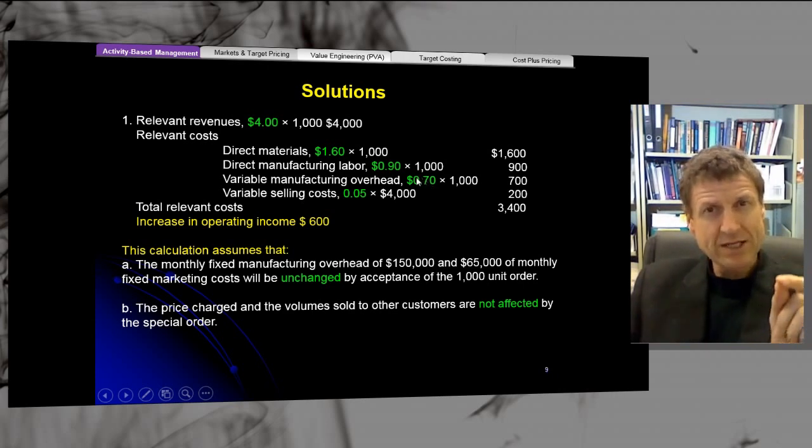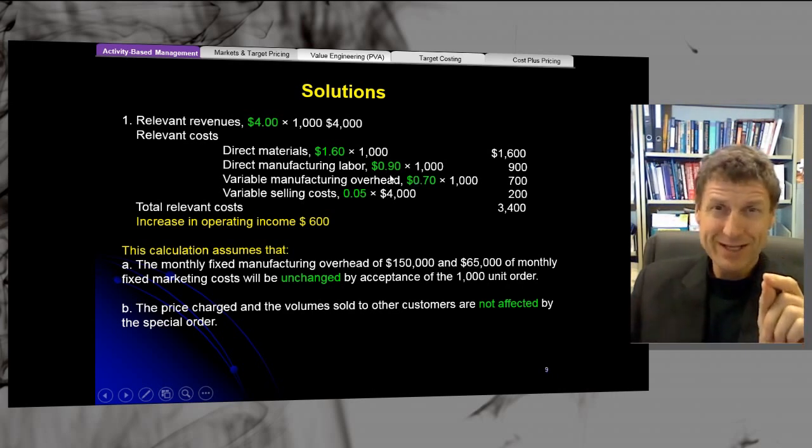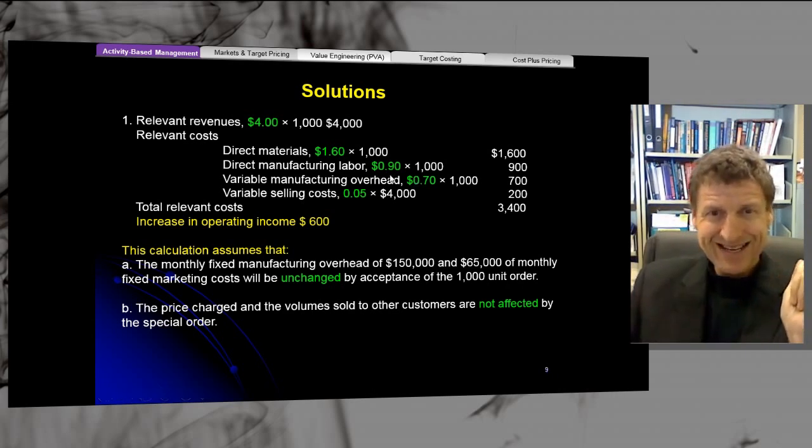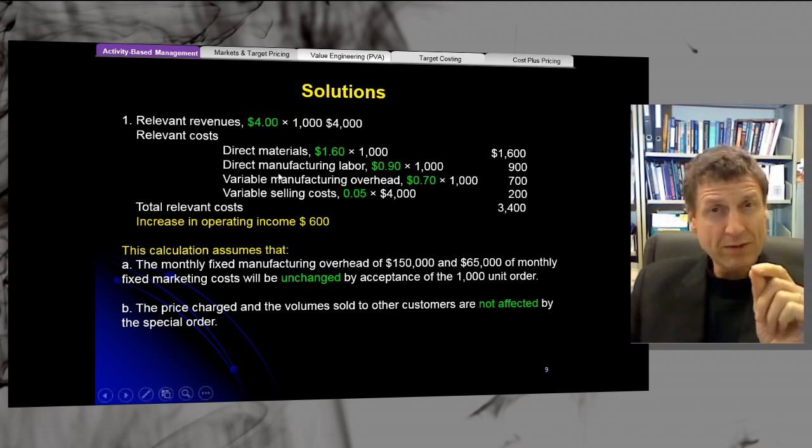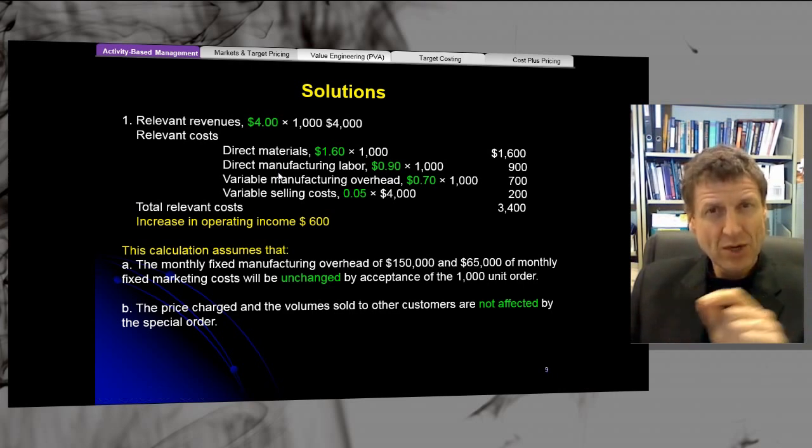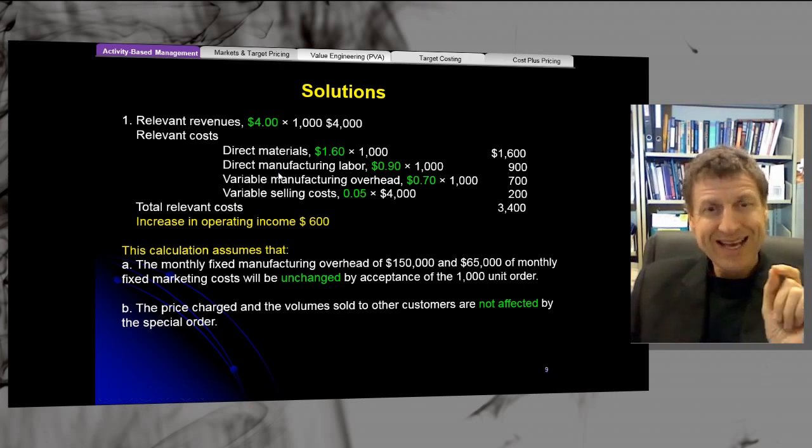That's going to change. It's going to go up and down whether you accept the order or not. But fixed manufacturing overhead is going to stay the same. Yeah, you got it. So what else is variable? What other costs are likely to change as a result of accepting or not accepting this order? You got it. Variable selling costs of 5% of the total revenue.